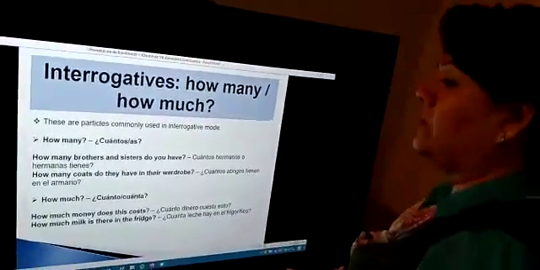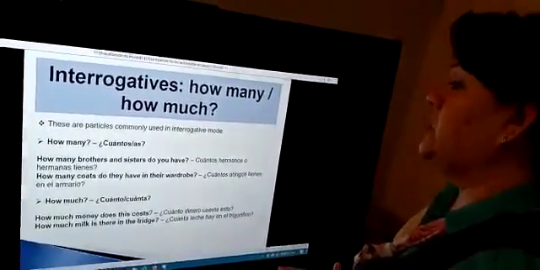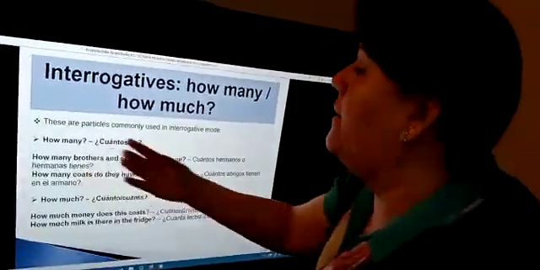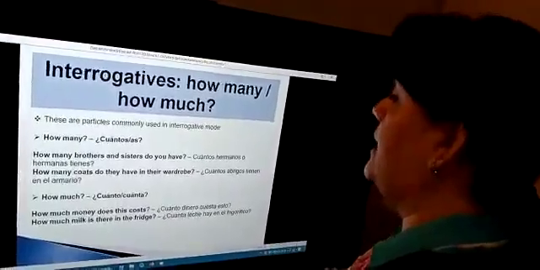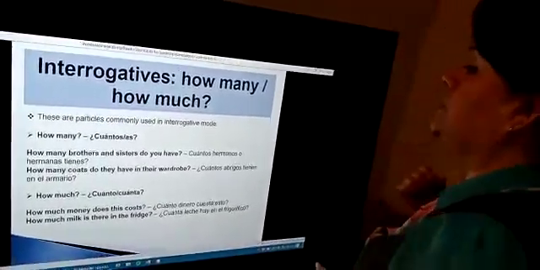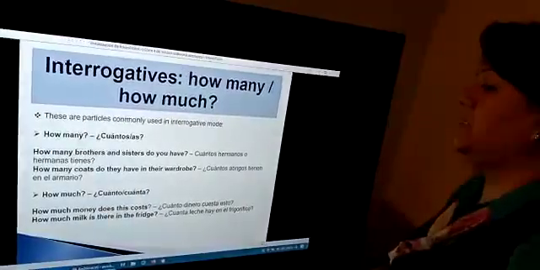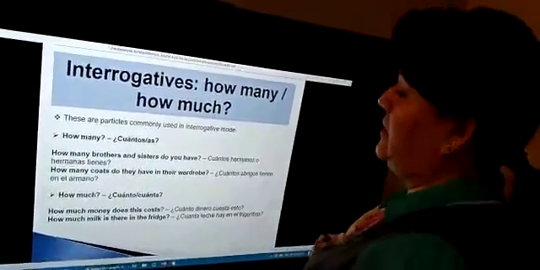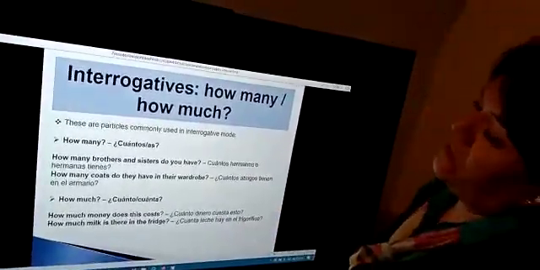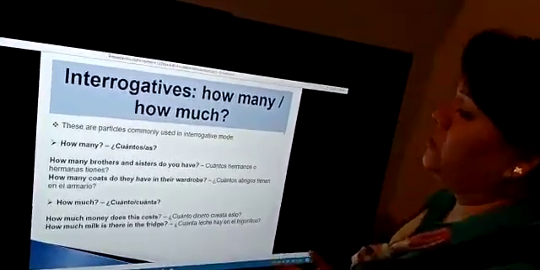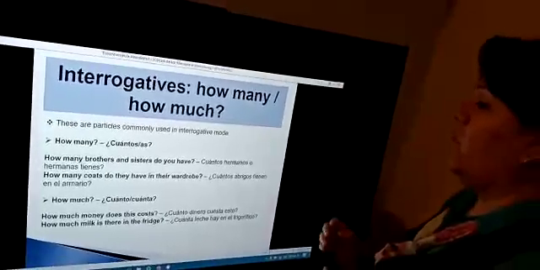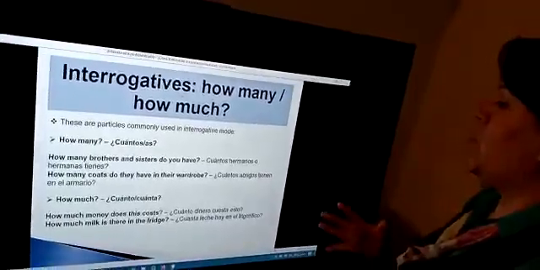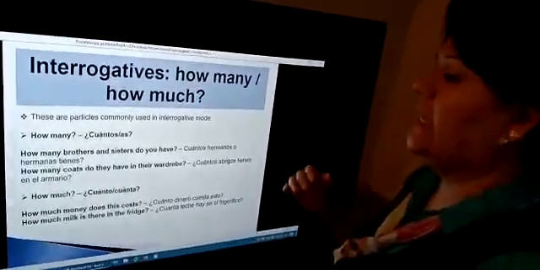How many brothers and sisters do you have? See, I use how many. In Spanish, ¿cuántos hermanos o hermanas tienes? Next question: how many coats do they have in their wardrobe? In Spanish, ¿cuántos abrigos tienen en el armario?